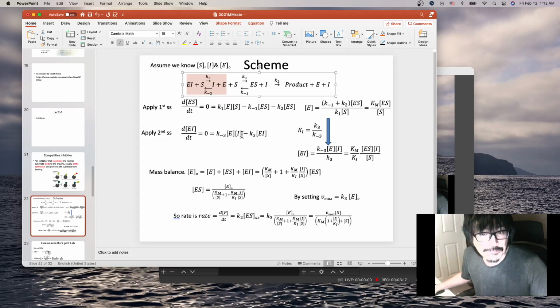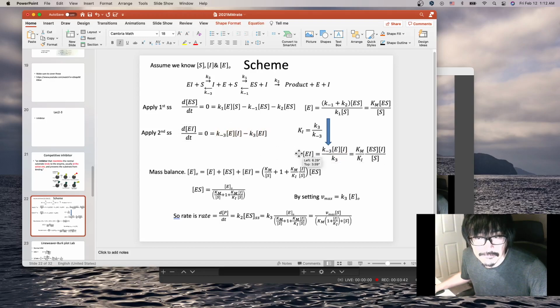So that's going to be positive. And then dissociation can go back to the original reactants, right? That's going to be the negative value right here. And once again, if I solve for the EI for this one, I get these things right here. So this becomes that.